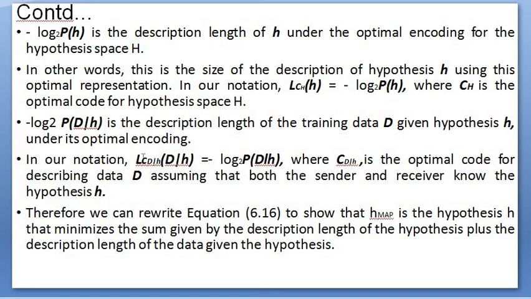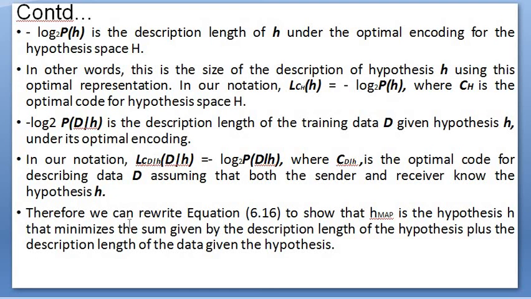Here C(D given h) is the optimal code for describing the data, assuming that both sender and receiver know the same hypothesis.